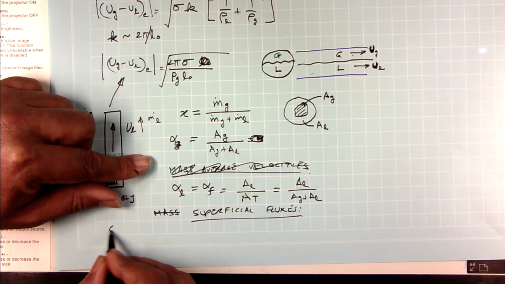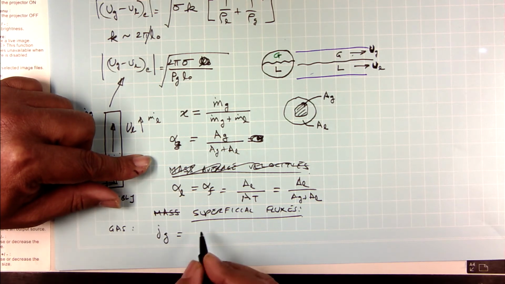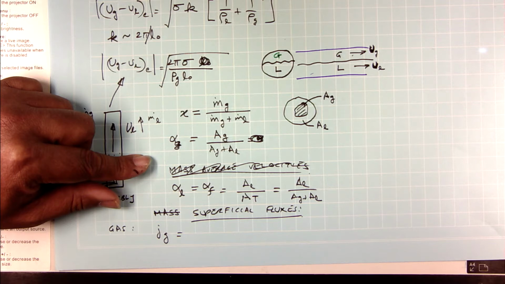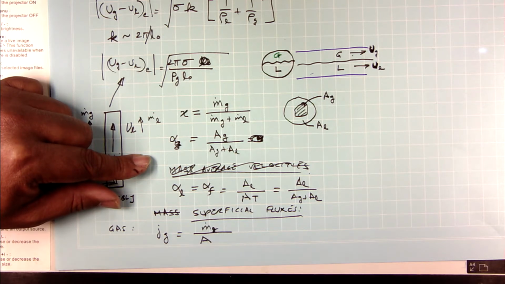The superficial flux for gas is defined as J sub g, and that is the flow rate of the gas divided by the area, divided by the density of the gas.